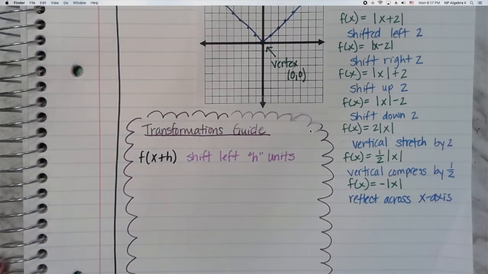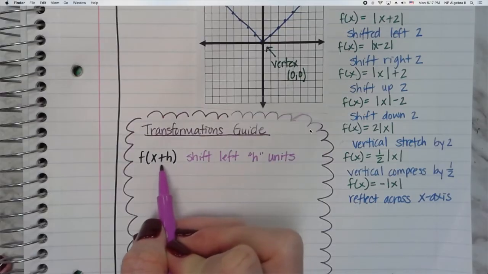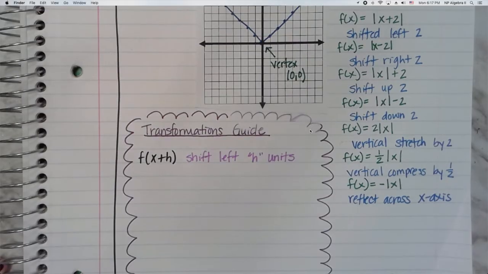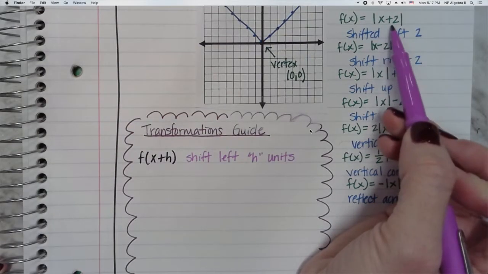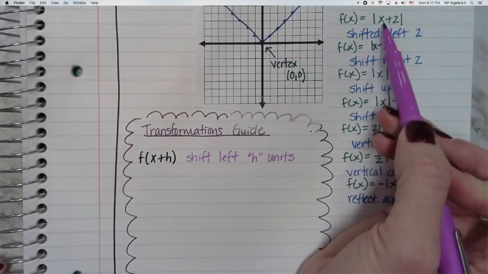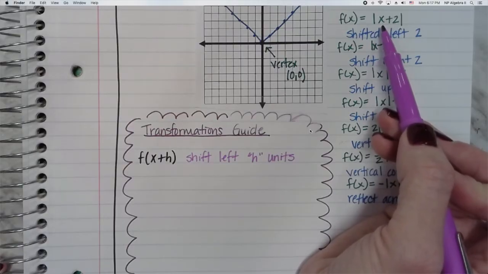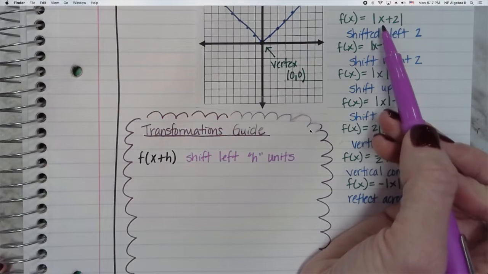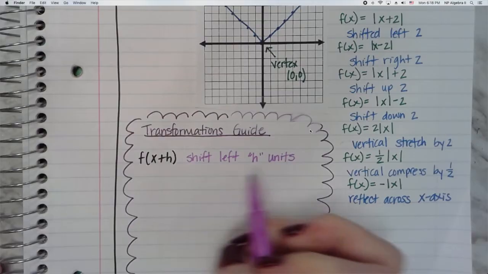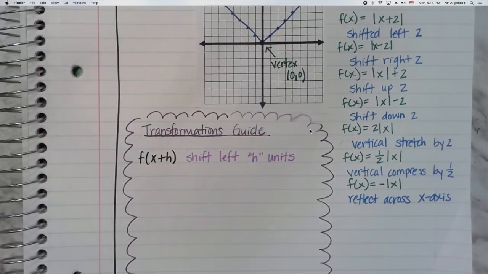And that may seem counterintuitive because that's a positive h. But remember, when we try to find the vertex of our absolute value function, we set the inside of the absolute value equal to 0 to figure out what that x value should be. And that x value, for this one, would end up being -2. And so that's where that negative shift comes from. And our vertex is -2, 0. So shift left h units. Again, the h ones are a little counterintuitive. They're opposite. So think opposite h.